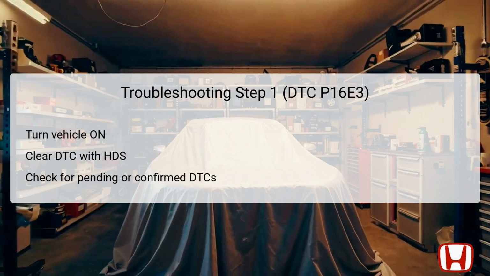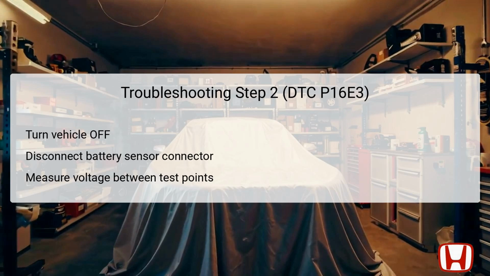This resets the system and allows you to monitor if the error reappears. After clearing, you'll need to check for any pending or confirmed DTCs through the HDS. If the P16E3 code is still indicated, the problem is confirmed and you can move to step 2. If not, it may signal an intermittent failure, prompting a check for loose connections or poor contacts.